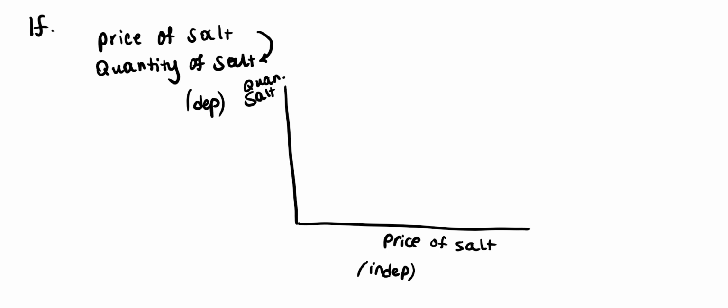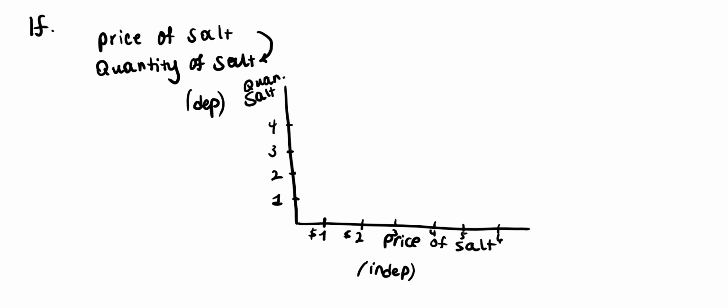So let's, to really illustrate what's going on here, let's pick some prices. Maybe I have, I don't know, $1 a shaker, $2 a shaker, $3, $4. I have to do a better job of spacing this out. $6. Okay. And then on the y-axis, let's think of some salt. Let's say this is 1 shaker, 3 shakers, 4 shakers.